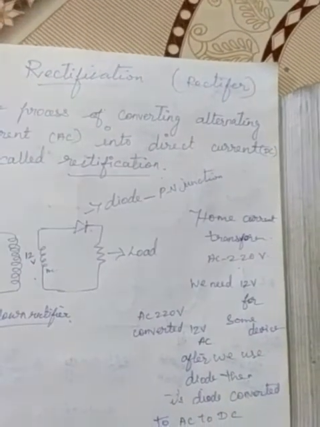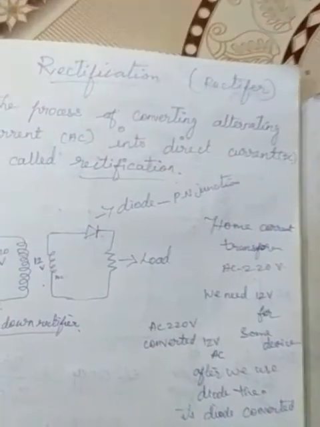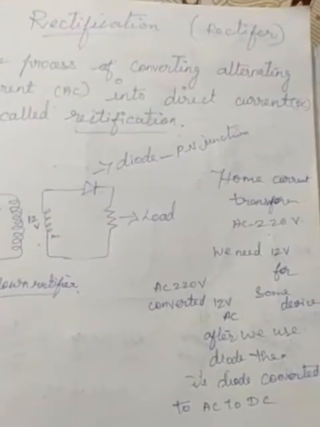Now we use mobiles, laptops, and some electrical items. Take the example of the mobile phone. Nowadays we use the mobile phone for many purposes, for online class also, right?